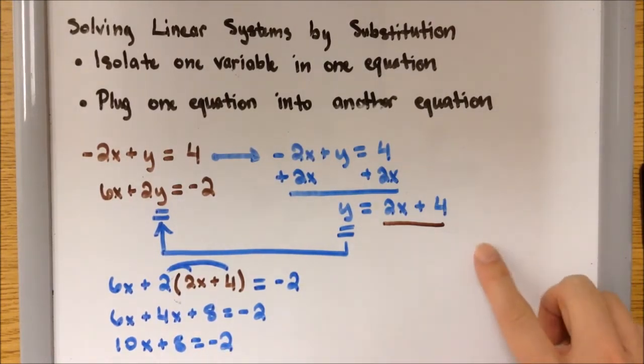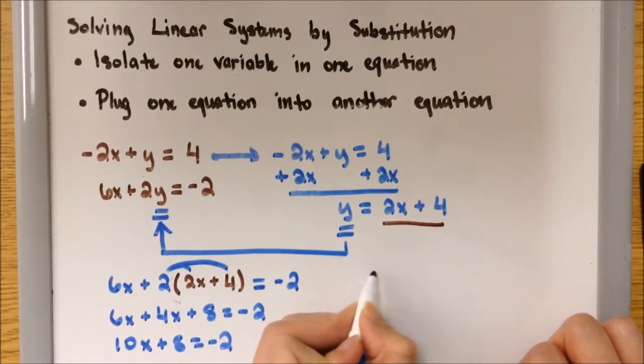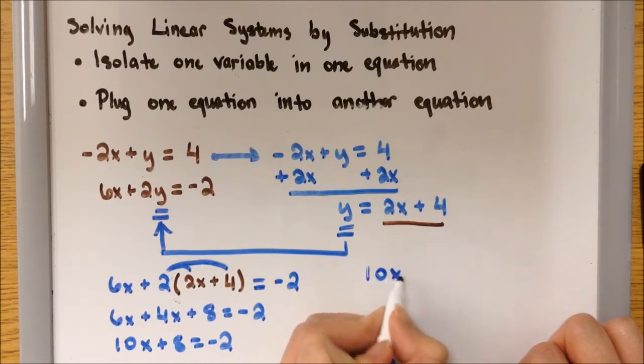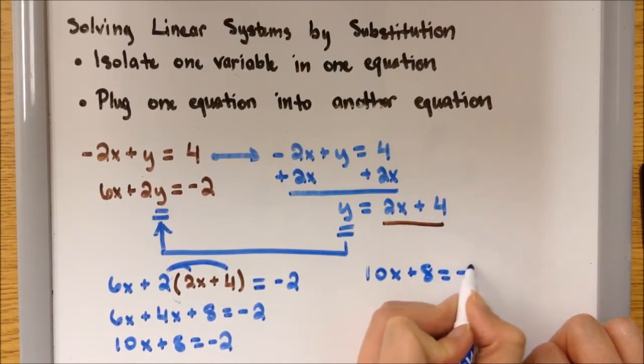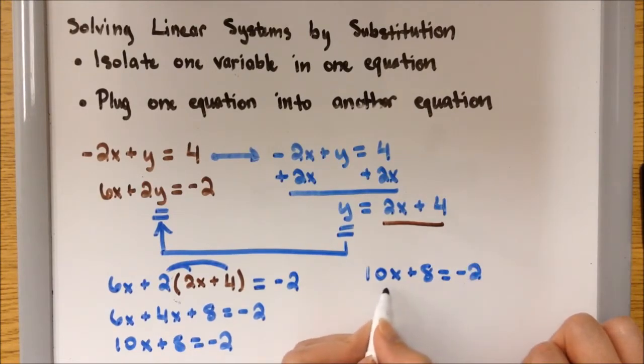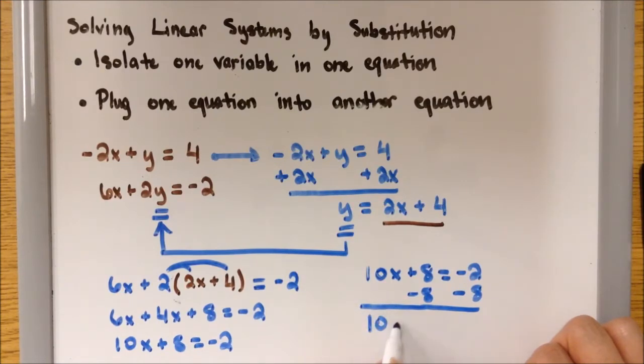Alright, I'm going to write over here to solve for our x. So 10x plus 8 equal negative 2. If I'm trying to solve for x, I need to get rid of the plus 8, so the opposite is minus 8 on the left, therefore minus 8 on the right. So 10x on the left side equal negative 2 minus 8.